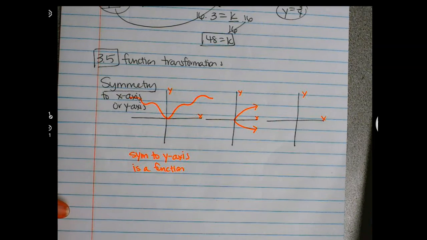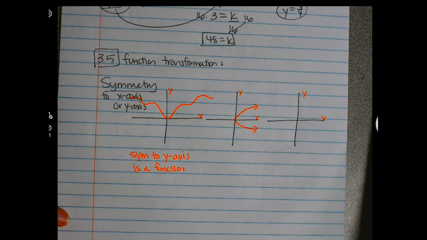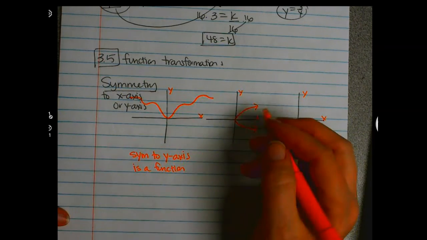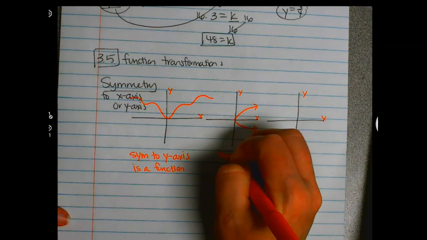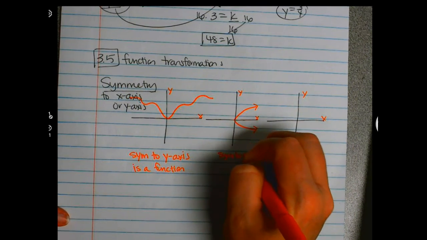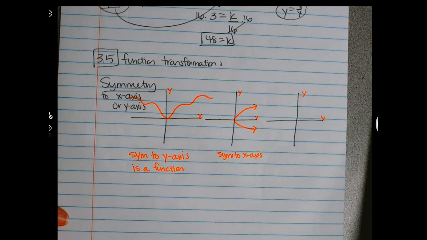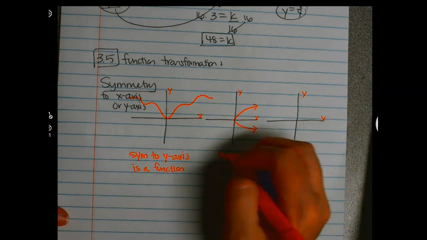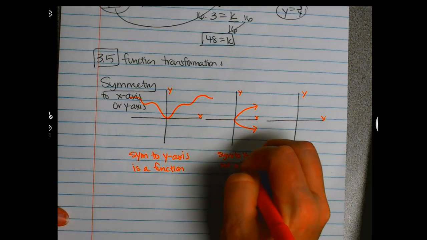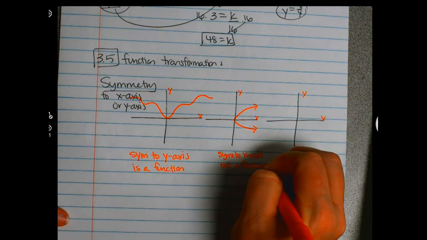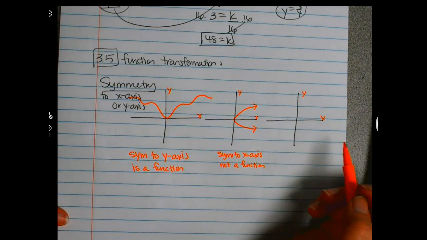In example 2, this is symmetric, but not the same. It's symmetric to the x-axis. This one is a function or is not a function? Not a function. Right, because we could draw that vertical line test.